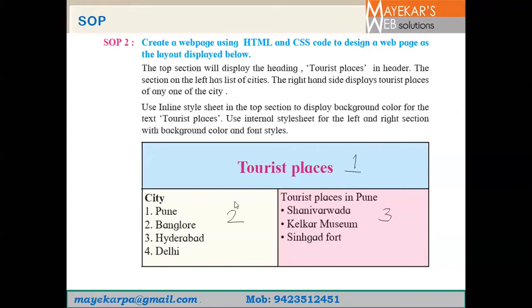Okay, now here also you have to use style sheet for the left section as well as the right section. You can see here at the right section the background color is pink, and on the left hand side the background color is white.